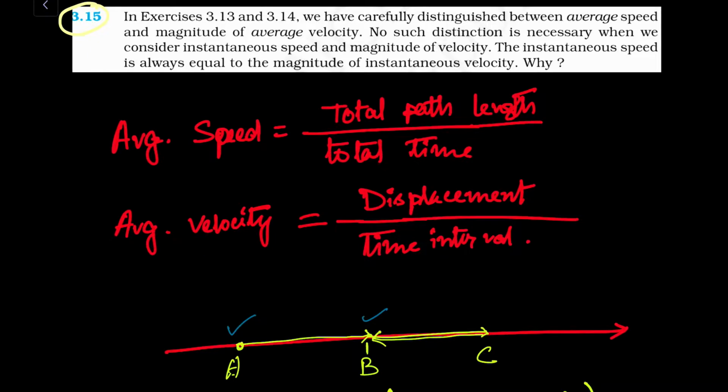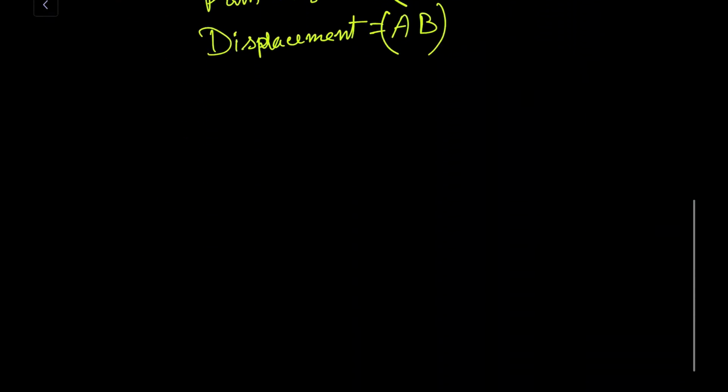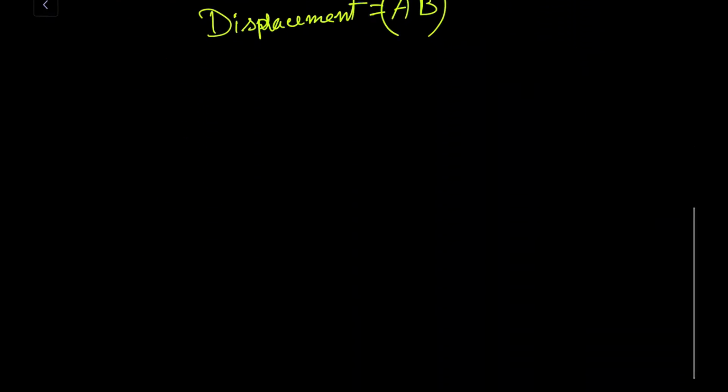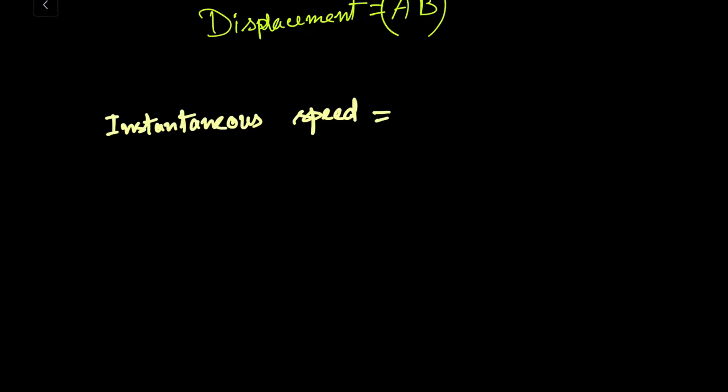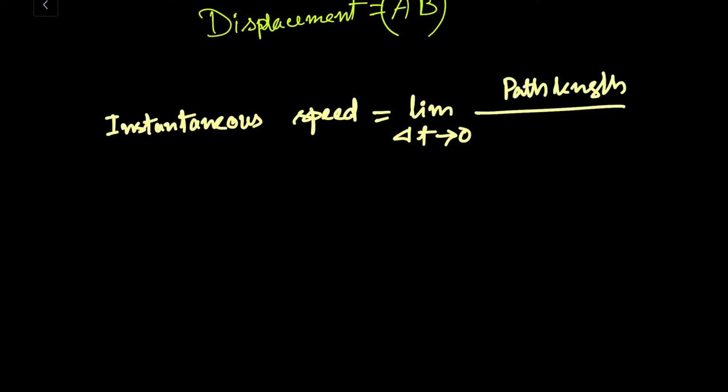Now in the question we are given that instantaneous speed and instantaneous velocity are always the same. Why, we are asked. Now let us consider instantaneous speed, when the time interval delta t tends to 0. Let me write down here, limit delta t tends to 0, and this will be the path length divided by the time interval delta t.